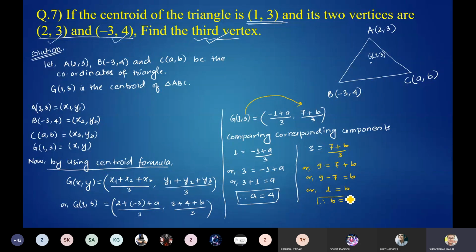But our main concern is to find the third coordinate. We have got the components a and b, so let's write in the form of a coordinate. Therefore the third vertex is (4, 2). A is 4 and b is 2, so (4, 2).